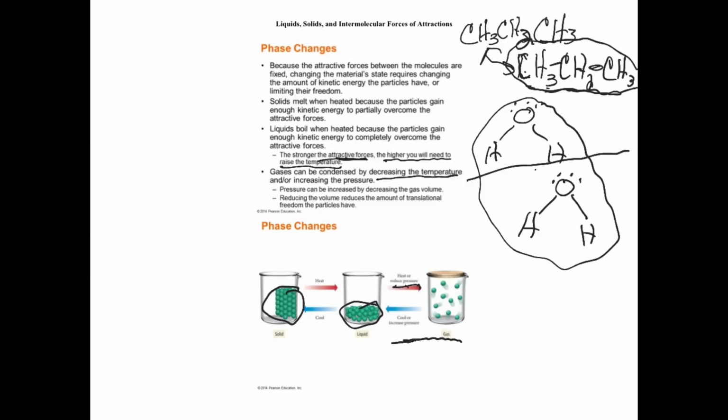And just like I showed you in my little simulation, we can cool down the gas, and the gas particles slow down, and eventually they start bumping into each other and sticking when the forces of attraction are strong enough to overwhelm the kinetic energy of the system at that temperature.